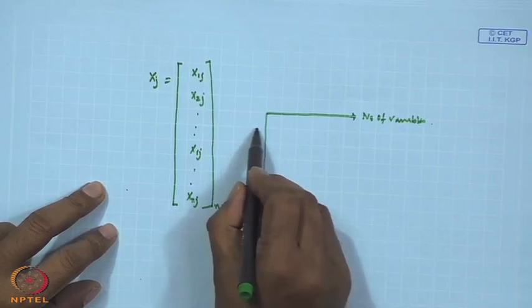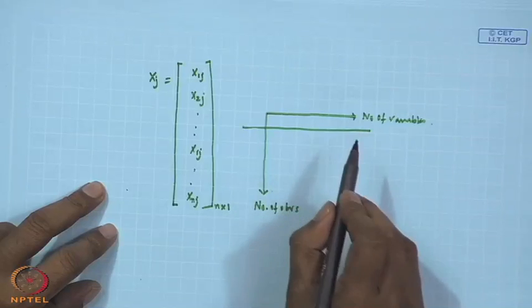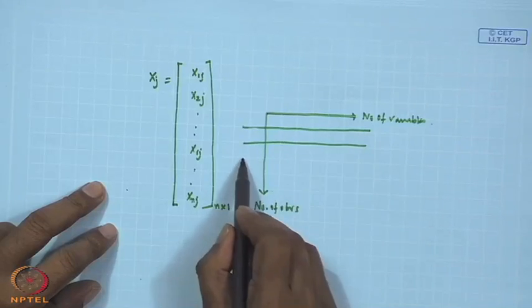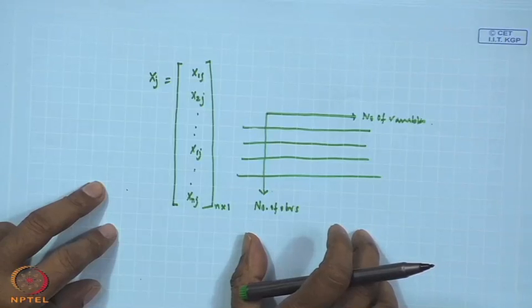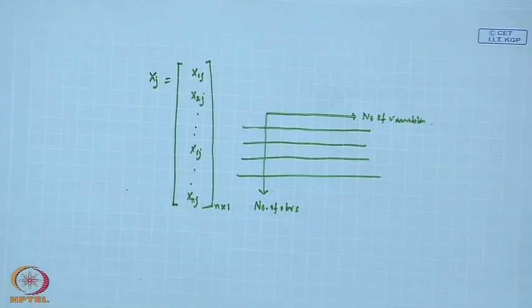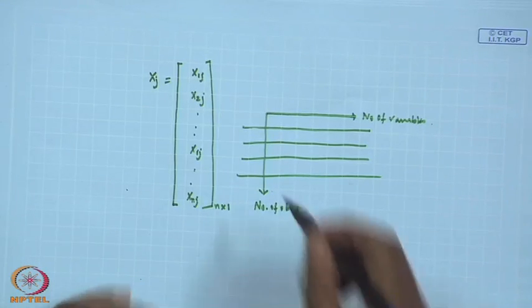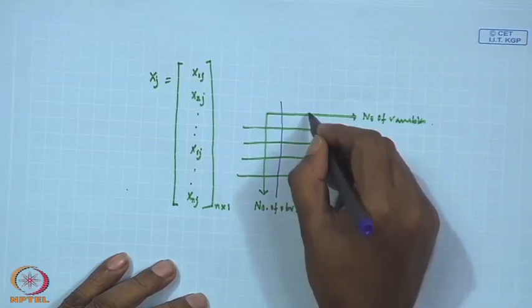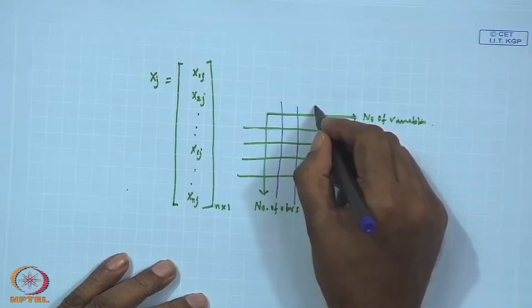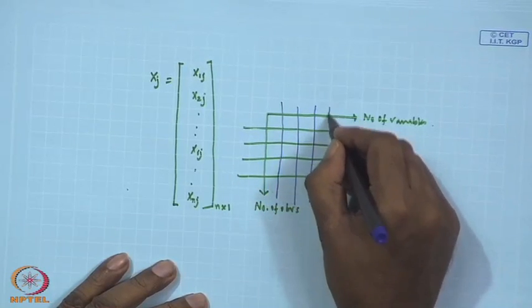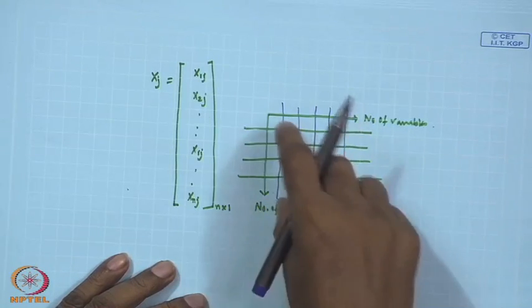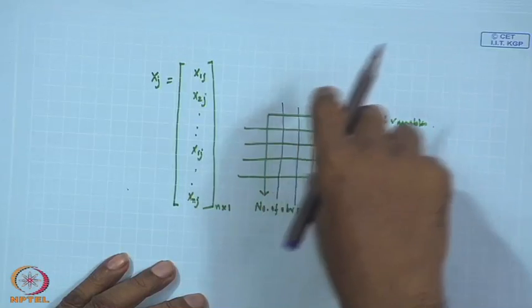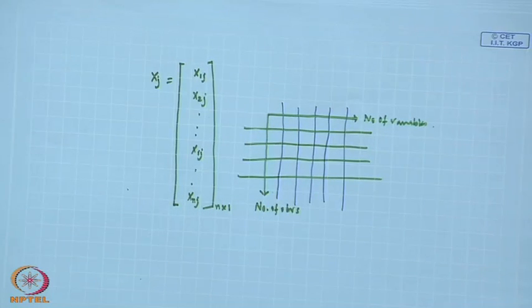When you go row wise, you are talking about different multivariate observations, and when you go column wise, you are talking about n observations on different variables, that is, observations on variable 1 to variable p.